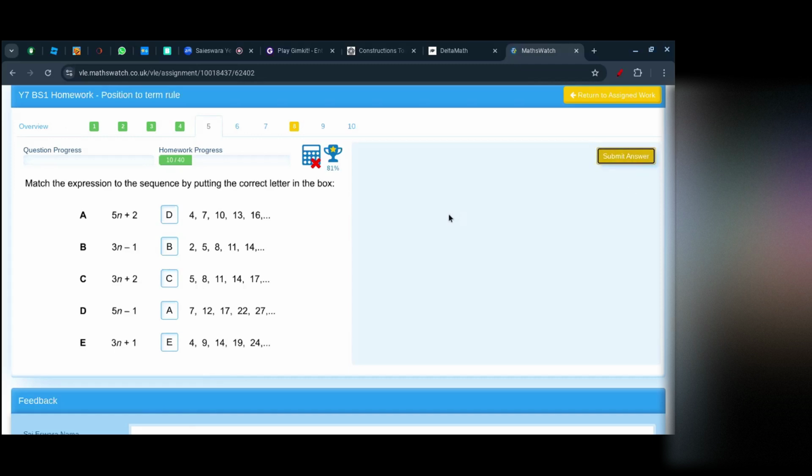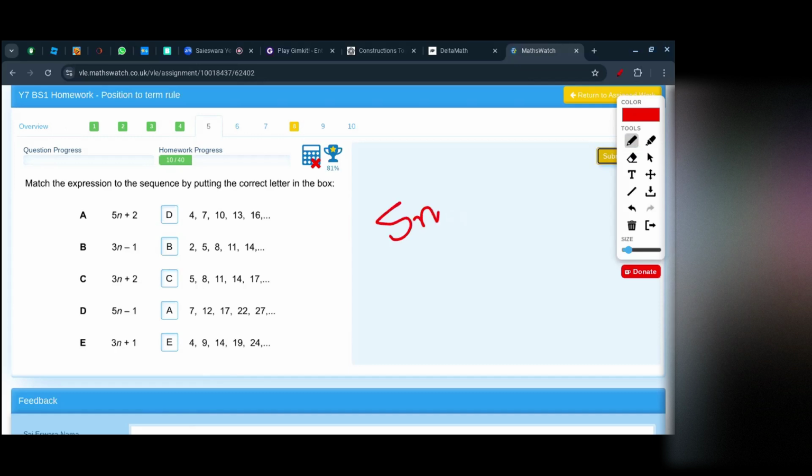You have the notebook, right? Or you can write on the screen. See, D and E are giving us both 4, right? But 5n minus 2 is not equal to 3, I'm talking about.